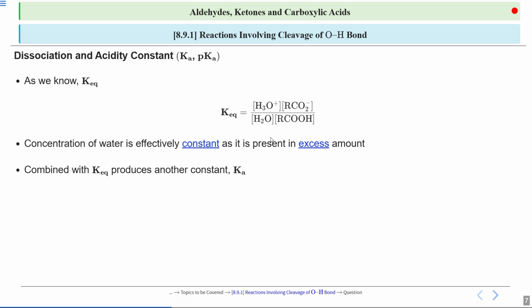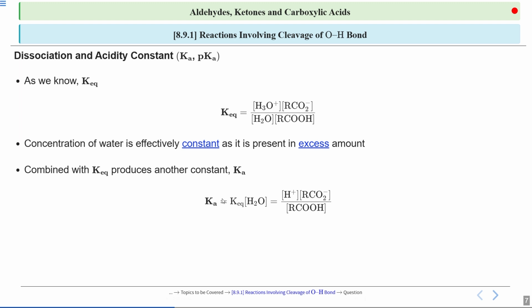So when this combines with KEQ, it produces another constant, Ka. That is, when the concentration of H2O combines with another constant which is KEQ, it produces Ka. So Ka is equal to KEQ times the concentration of water, and this is equal to the concentration of H+ ions times the concentration of RCO2- ions divided by the concentration of carboxylic acid.